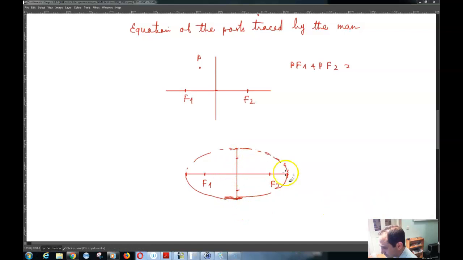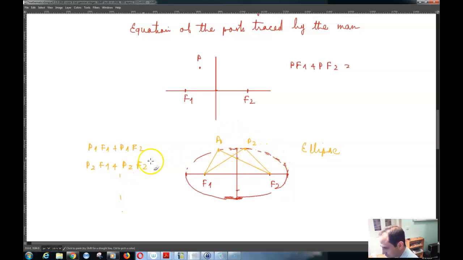If that is an ellipse, then if you take any point over here, for example P or P1, then P1F1 plus P1F2 is always equal to P2F1 plus P2F2, and so on and so forth.